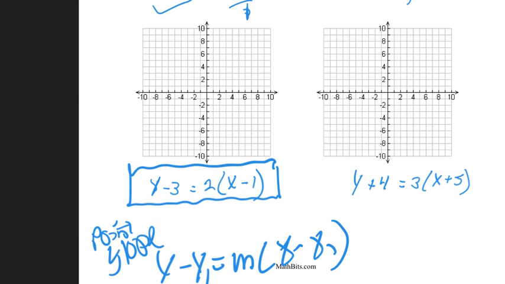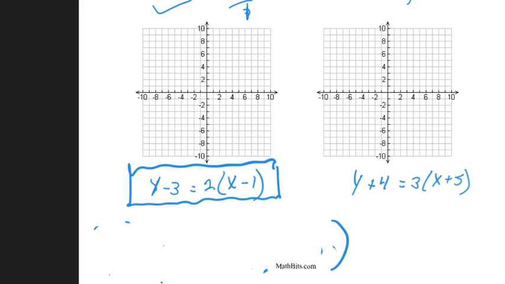And I'll just delete this right now so I can do that. And we'll change the form. It'll mean that we have y minus 3 equals 2x minus, I'm distributing, minus 2. Okay, we get the y alone, which is what we always want when we're graphing lines.